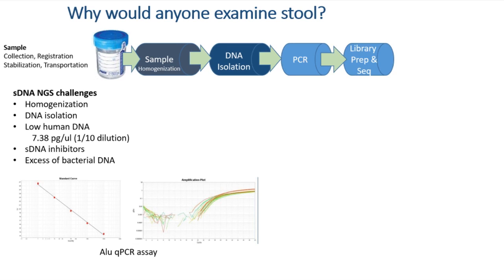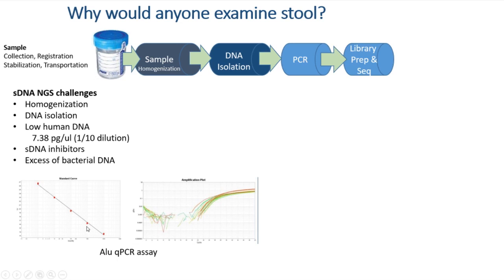The inhibitors are many different kinds of things. There's carbohydrates and other kinds of things there, but there's a huge excess of bacterial DNA. So when I talked about rare genetic events, human DNA is the rare component in stool. And when you try and do a standard curve, in this case, we like to use Alu.